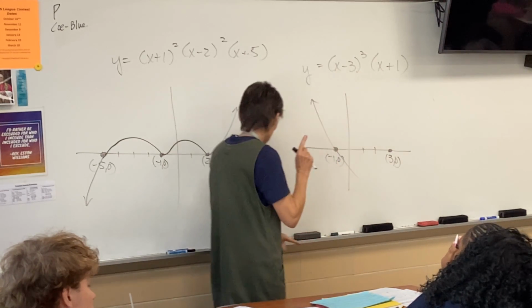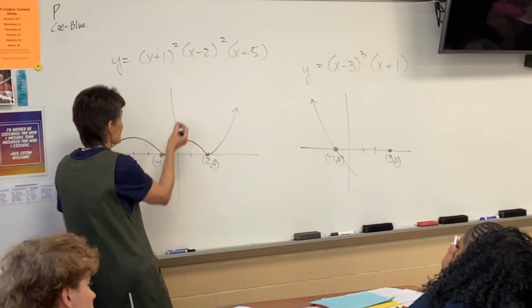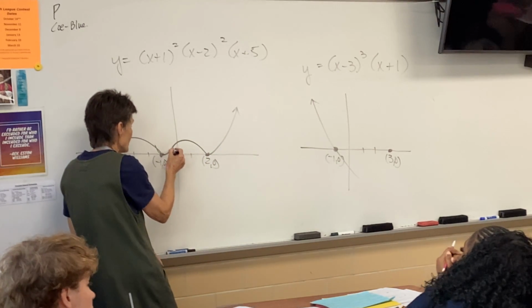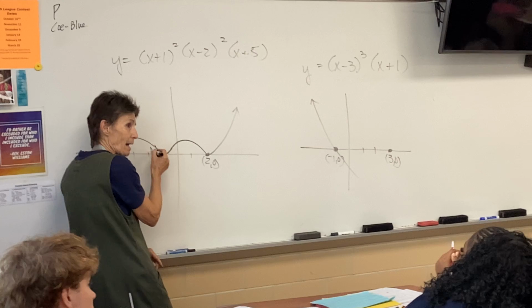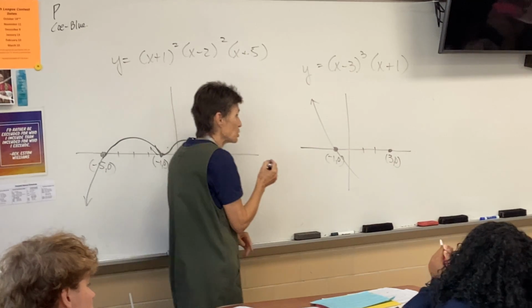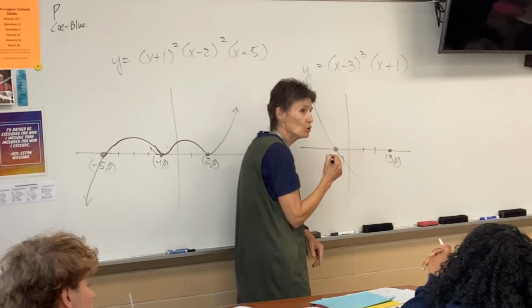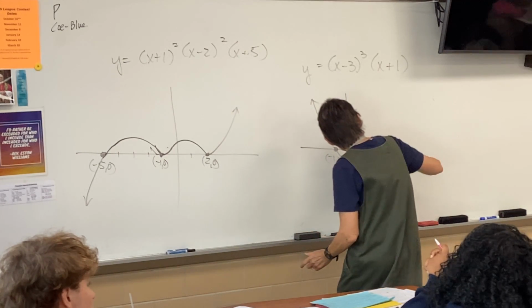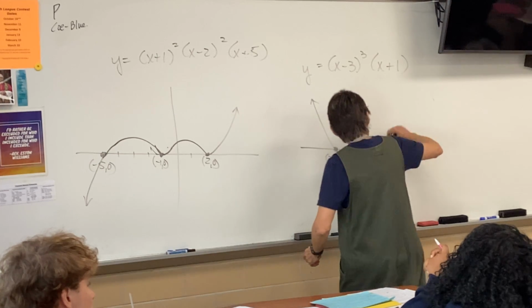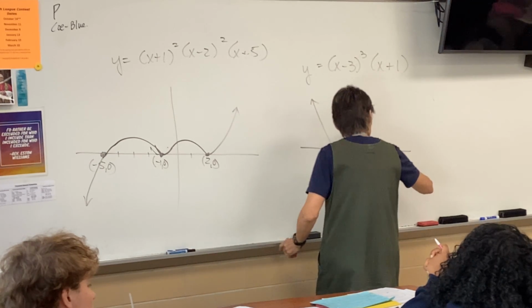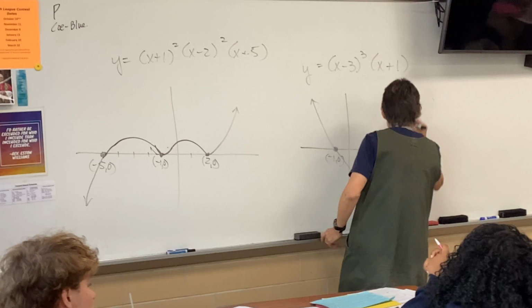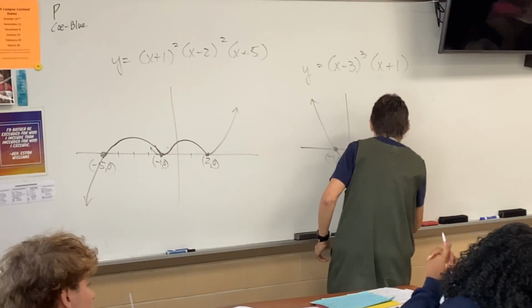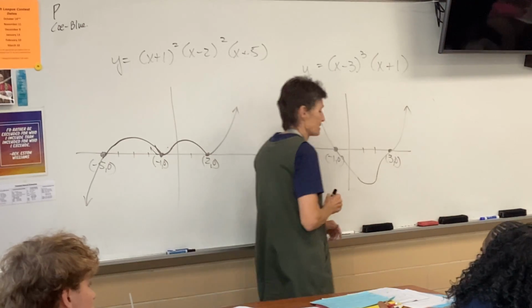Now, remember how when you have a squared factor, you kinda acted like a parabola? Well, if you have a cubed factor, you act like a cube. So we're not gonna go straight through that, we are gonna do our cubic squiggle through that. So this is gonna look like this.